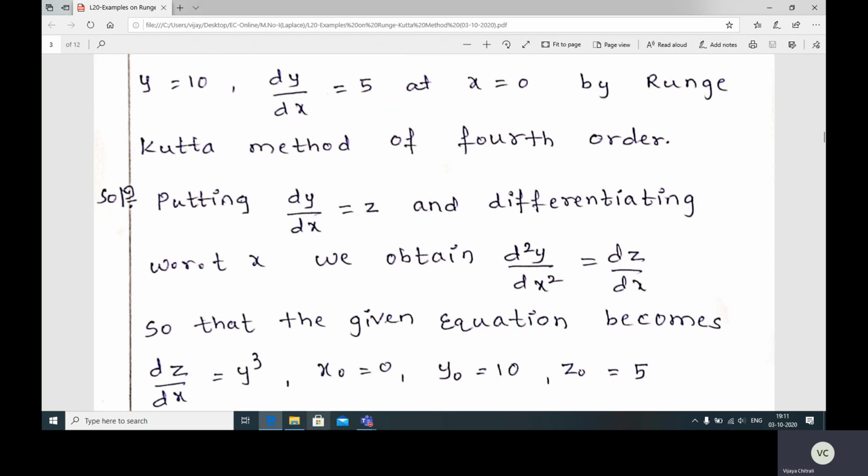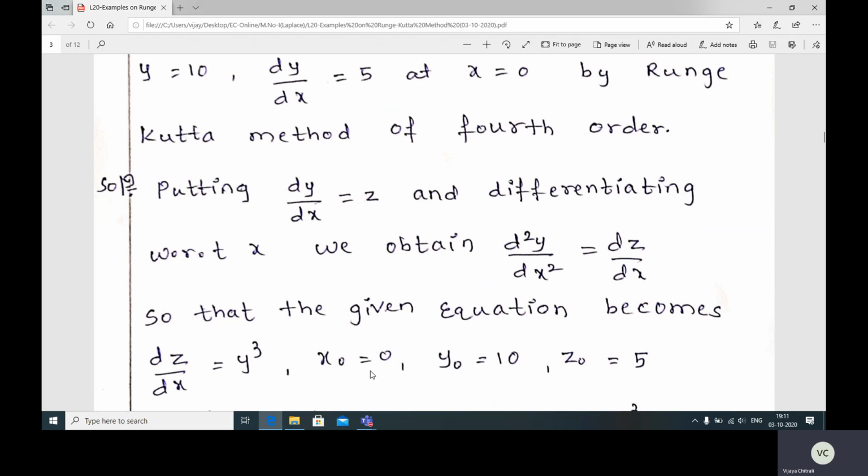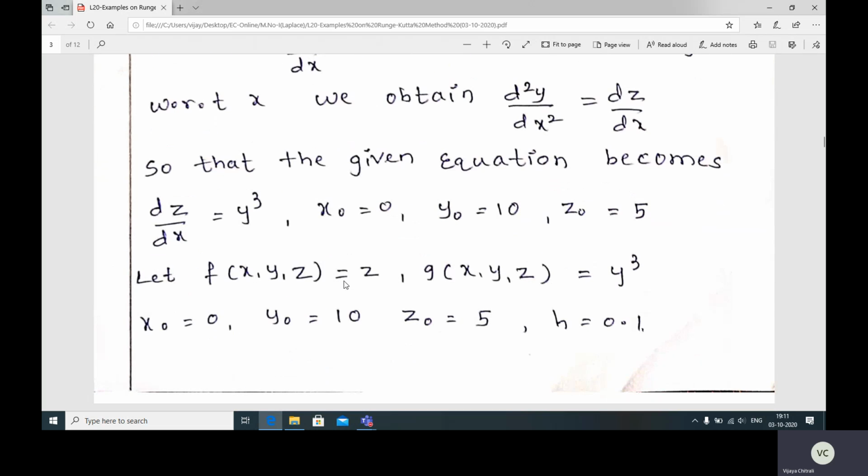X naught is 0, y naught is 10, and y dash naught, where we have taken y dash as z, so z naught is equal to 5. Now we have f of x, y, z is equal to z, and g of x, y, z is equal to y cube.